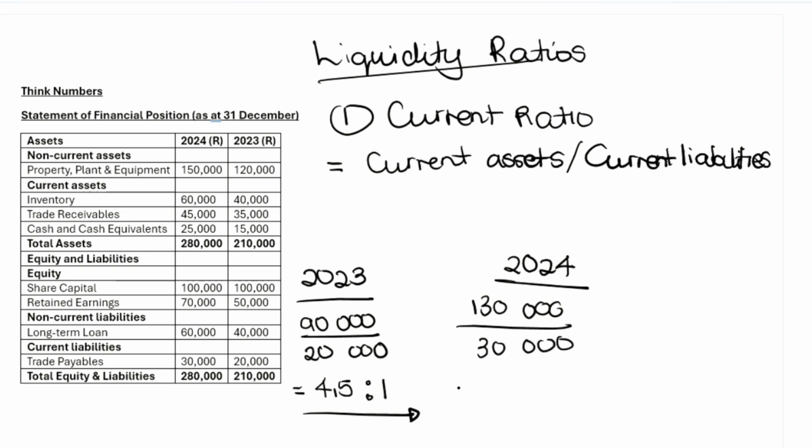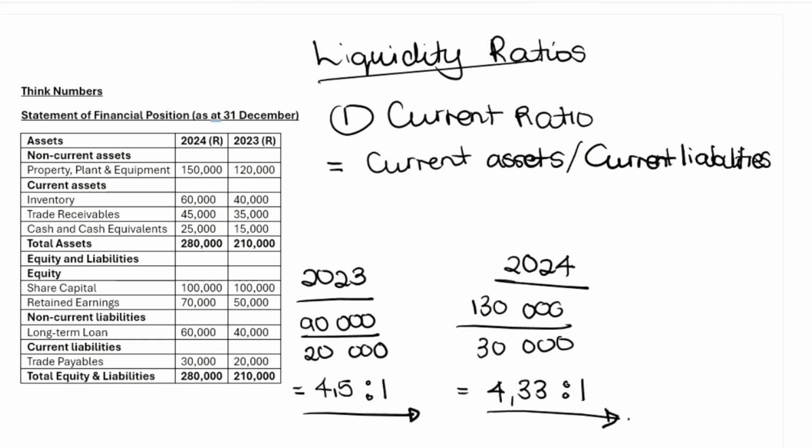What you'll get there is that our current ratio is 4.33 is to 1. So we can see that our current ratio did dip just a little bit in the year 2024. That could also be because even though the current assets did increase, so did current liabilities.